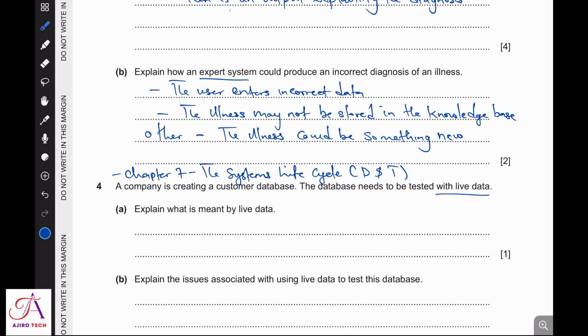Okay, so what is meant by live data? And we have one mark for it, right? The one simple way I can talk about it is data that is currently in use.